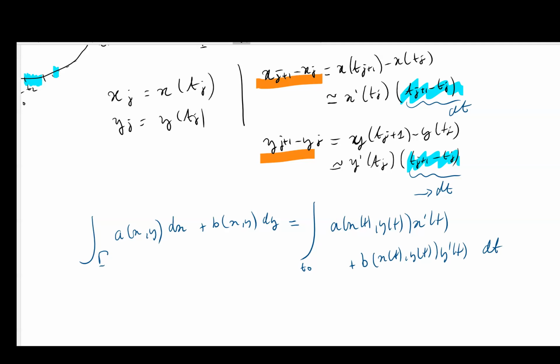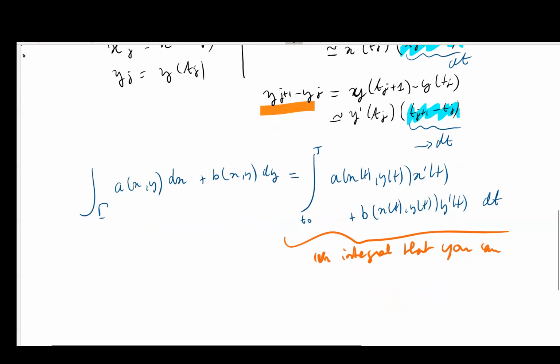It's just going to be between t0 for the first point and capital T for the last point. So that describes my whole curve. And here it's still a notation if you like, but this is really an integral of the kind that you know how to calculate. Okay, good.